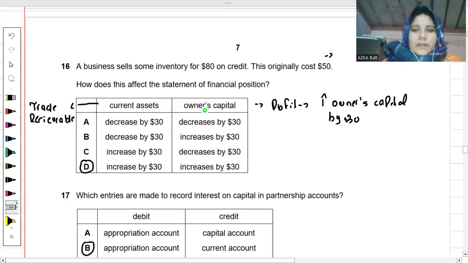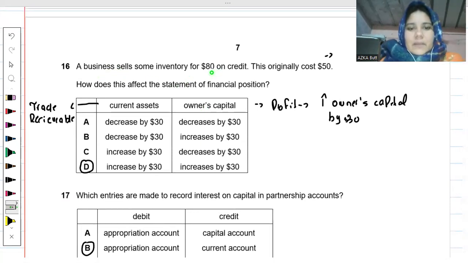Okay, so after that, the question number 16, the examiner says that a business sells some inventory for $80 on credit. The original cost was $50. So how does this affect the statement of financial position? We know that the cost of this inventory was $50, but we successfully sold it for $80 on credit.